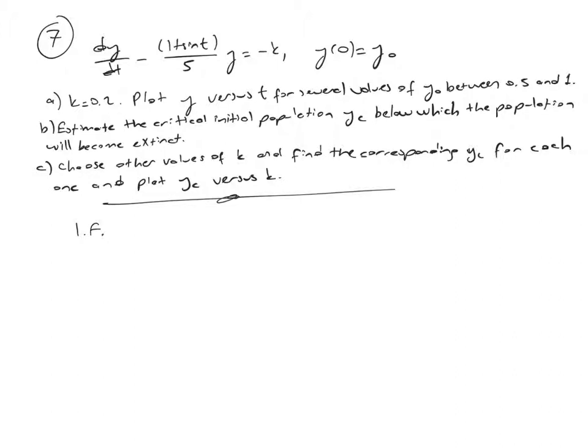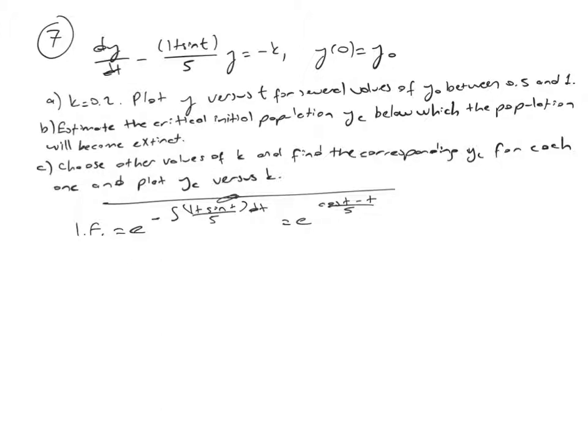The integrating factor is equal to e to the minus integral of (1/5 + sin t) dt, and it's equal to e to the (cos t minus t/5). I will skip the integration part.